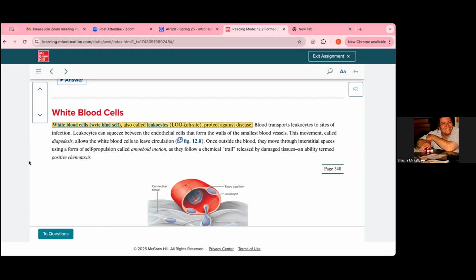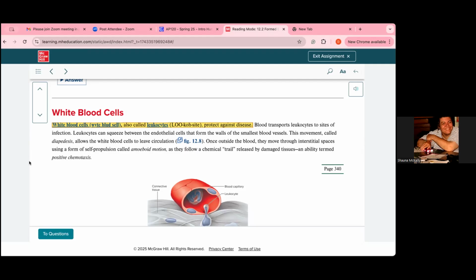Blood transports leukocytes to sites of infection. Leukocytes can squeeze between the endothelial cells that form the smallest blood vessels. This movement, called diapedesis, allows the white blood cells to leave circulation.